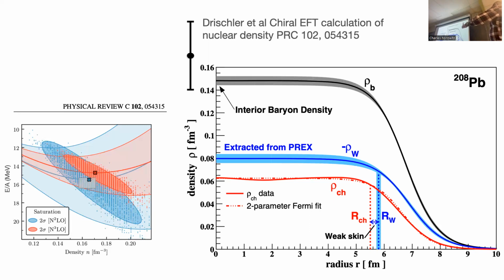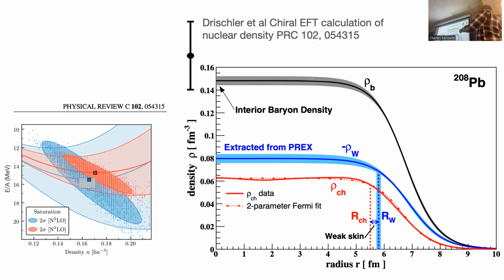So the average internal weak charge density is here. The average charge density is this dotted line there. And then you can just add these two. This is essentially the neutrons. And so here's our measurement of the interior baryon density in lead. Okay, so now we can say something about nuclear saturation.